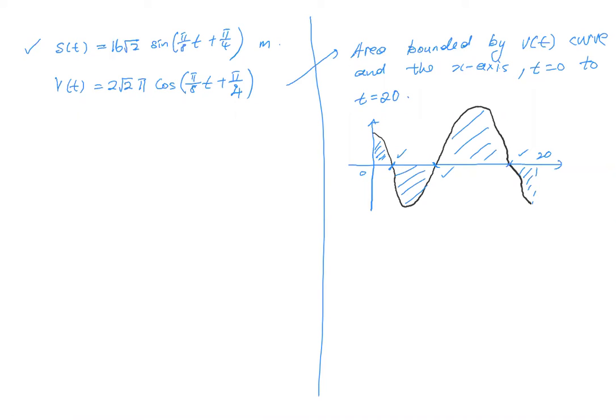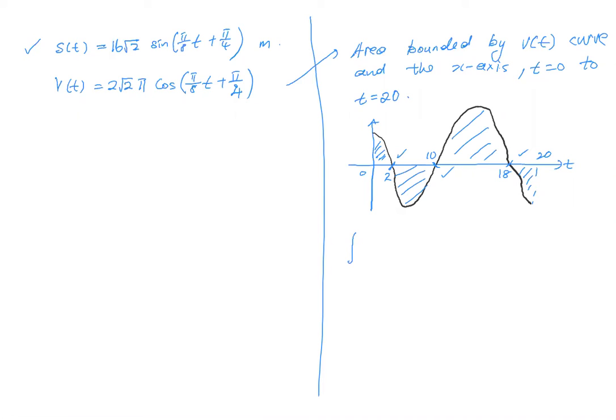Okay, the first one is t equal to 2, am I right? Then the second one, 10. Third one, 18. Okay, so that means if you want, you have to do the integral like that.